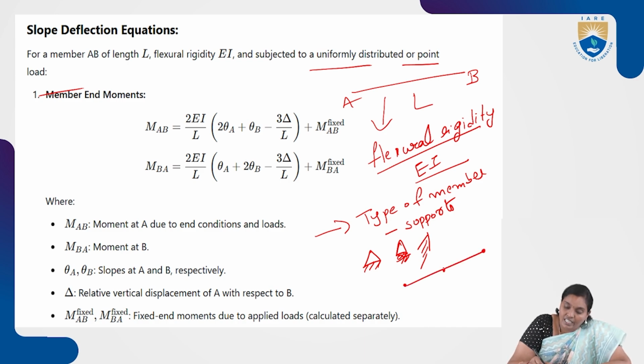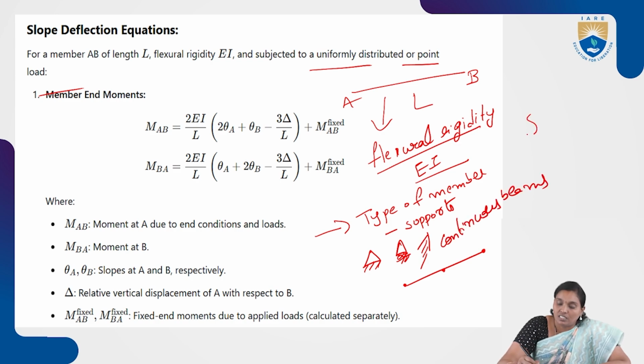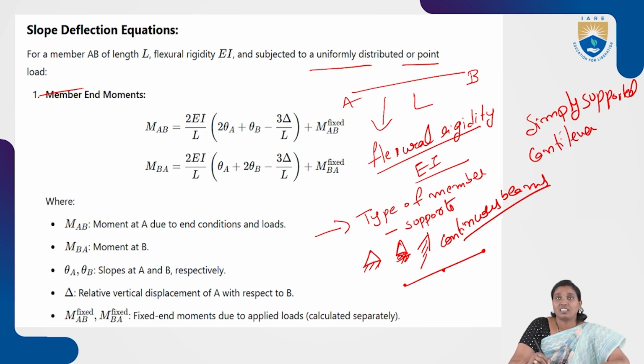Those are any intermediate or continuous beams, like that we are going to understand these types of beams, whether it is a simply supported beam, cantilever, or continuous, and the type of support. After that, which type of member, and also next the type of load.